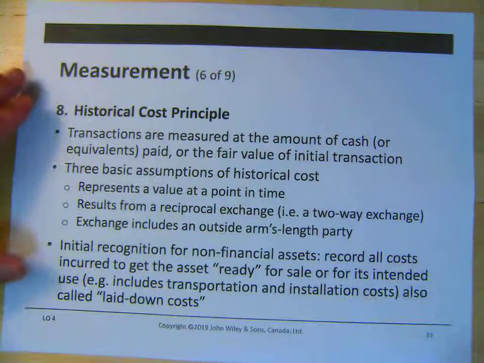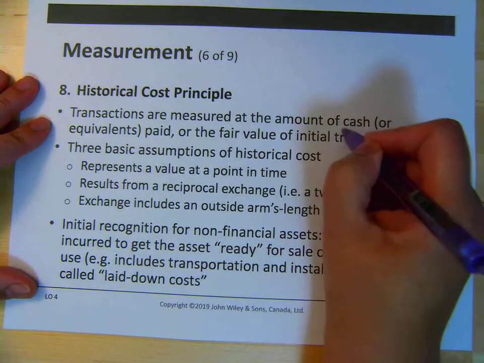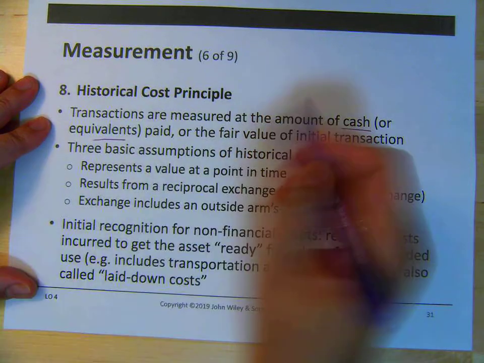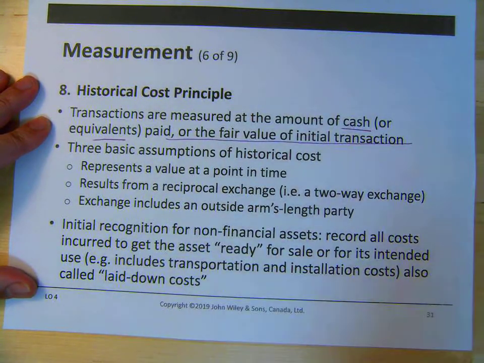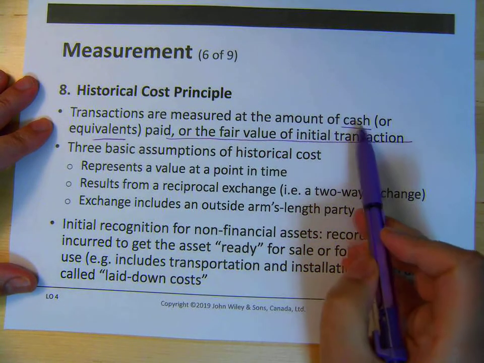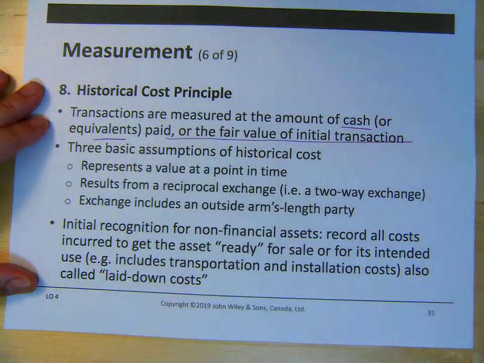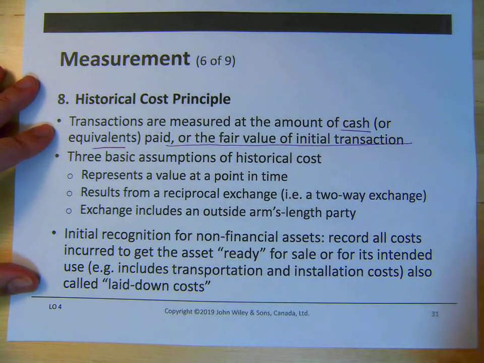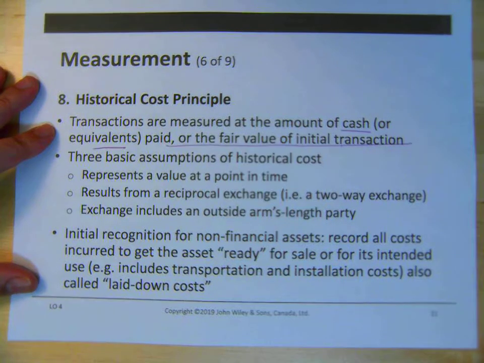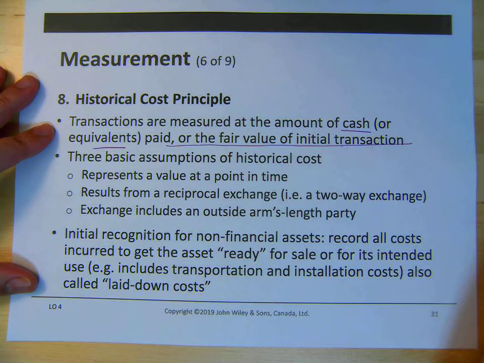The historical cost principle. Measured at the amount of cash or equivalents paid or the fair value of the initial transaction. So in intro, you're used to usually exchanging cash or an item where you specifically knew the fair value. We're going to delve into some transactions in this course where it will look like you could use the same value, but for other reasons you shouldn't.